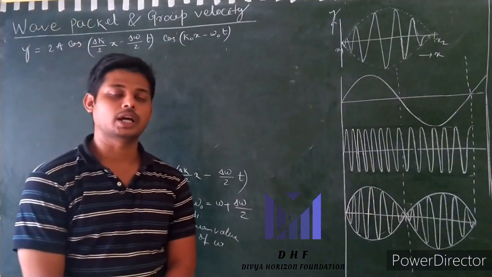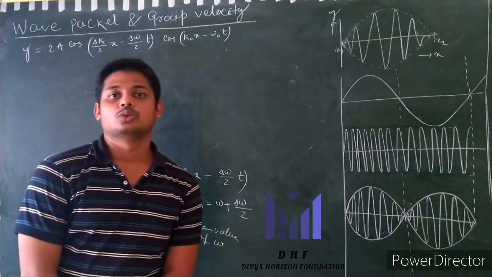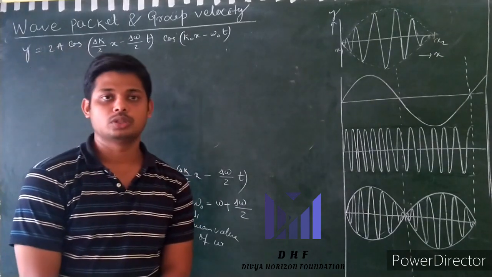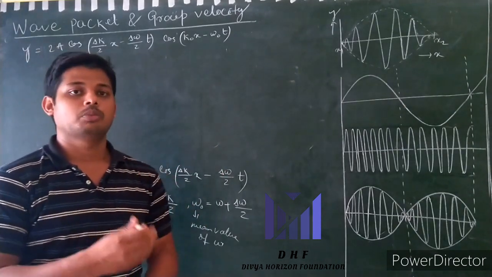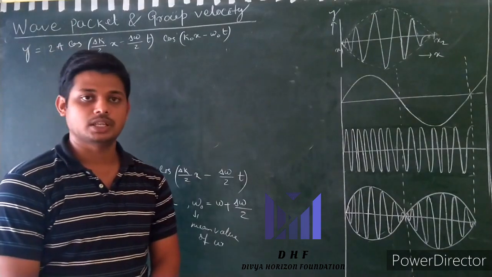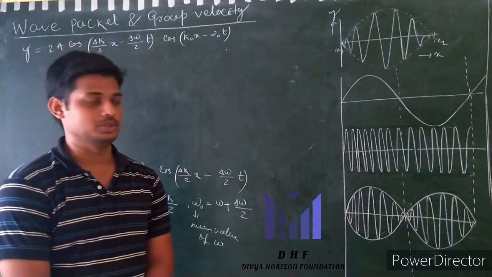So to calculate the expression for the group velocity, we will see what time is required to travel a wave packet through a particular distance. Then with that particular distance, we will divide the time taken to get the group velocity.